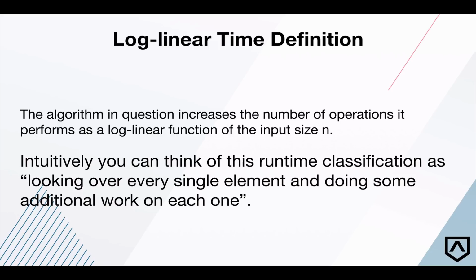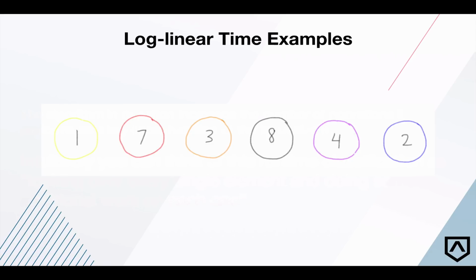So it turns out that this particular classification, log linear time, is a little bit niche, and it's mostly only applied to a single type of problem. And that problem is sorting, right?